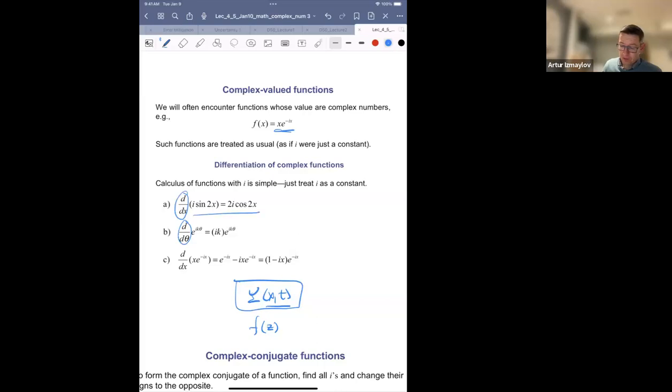So here's one example where you just differentiate a sine function, and make sure that you account for the fact that there's sometimes algebra with i that you need to do properly. In this case, you just differentiate with respect to theta, and ik is just a constant that comes out. And here as well, you differentiate, and things come out the usual way.